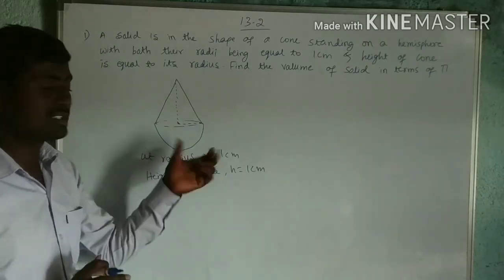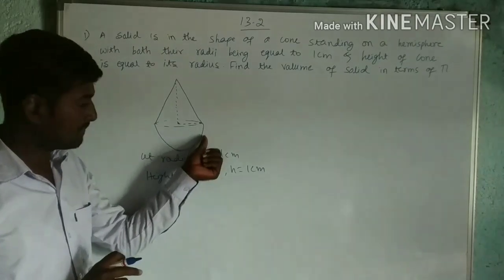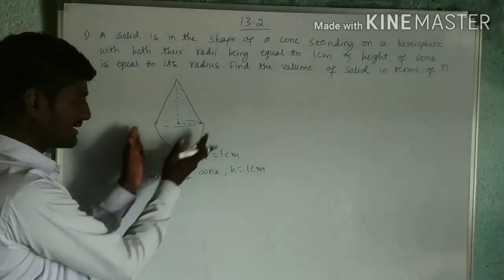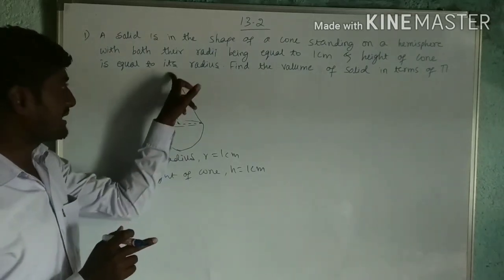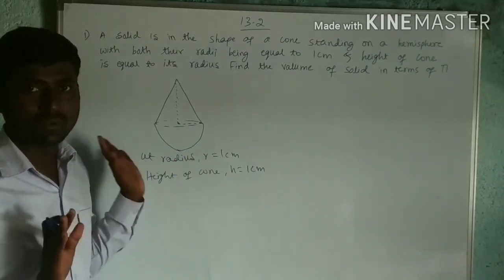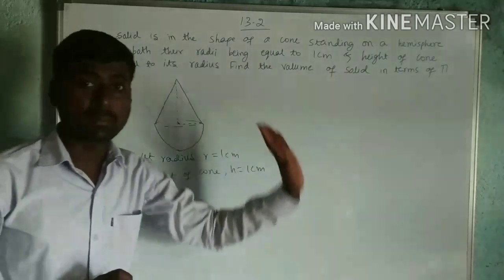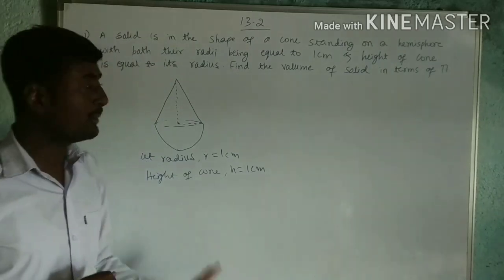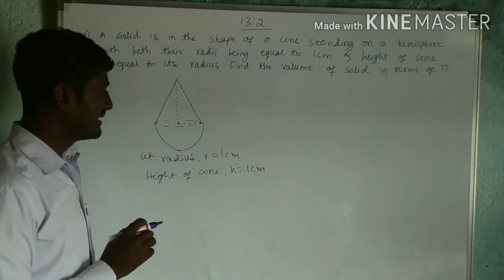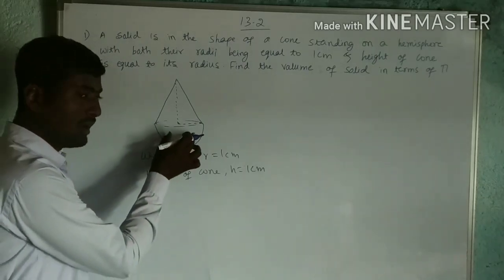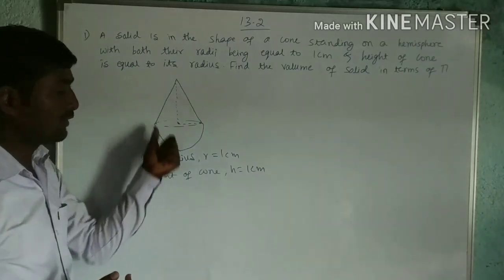That is CSA of hemisphere, because the curved surface is there, plus CSA of cone. That gives us the surface area of the solid. But here they ask you to find the volume. So volume is volume of hemisphere plus volume of cone. That gives us the volume of solid.